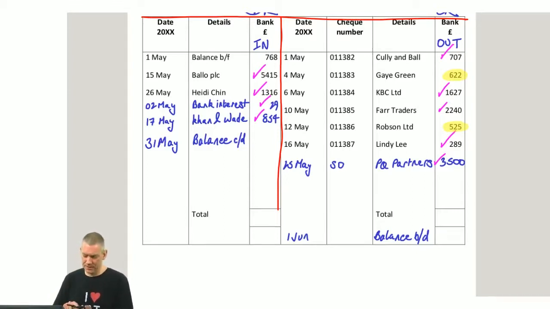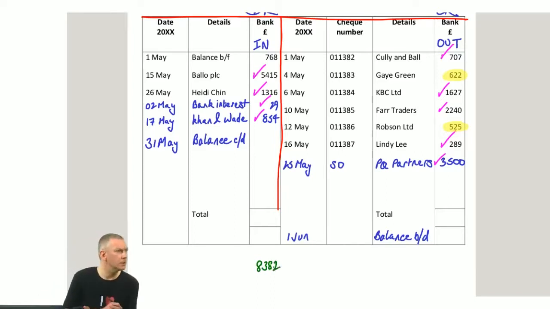So 768 plus 5415 plus 1316 plus 29 plus 854 equals 8382. And I'll make a note of that down here in green. So that's 8382.